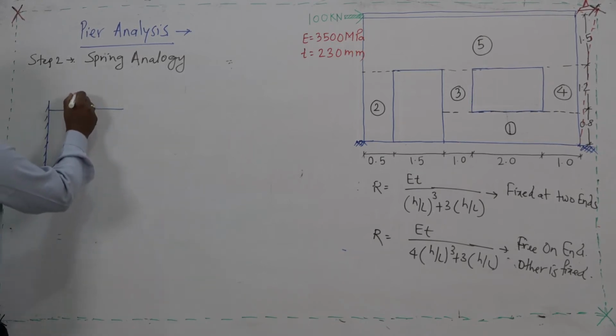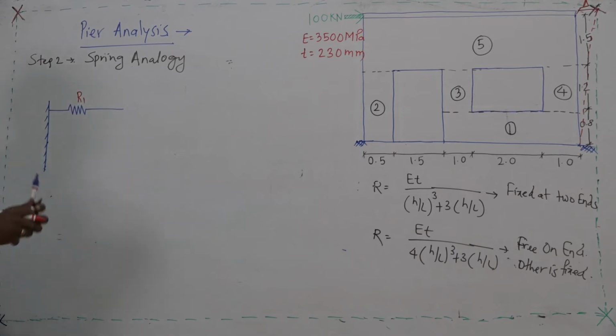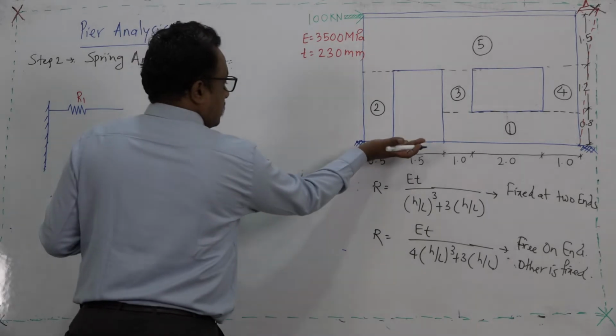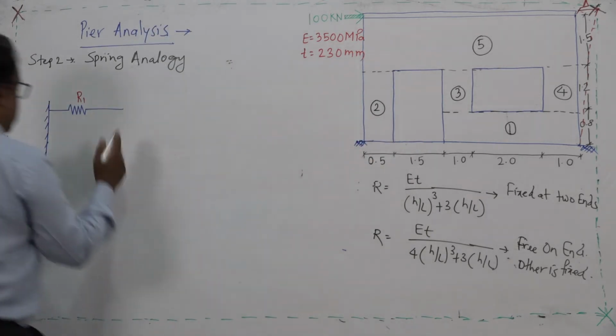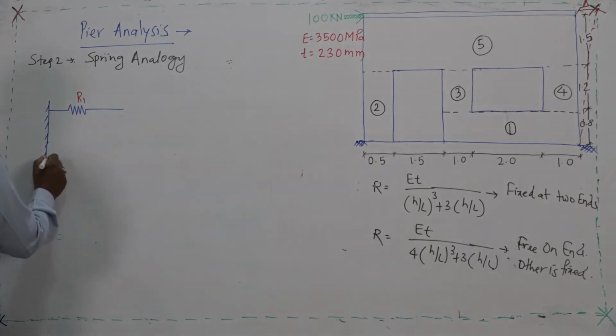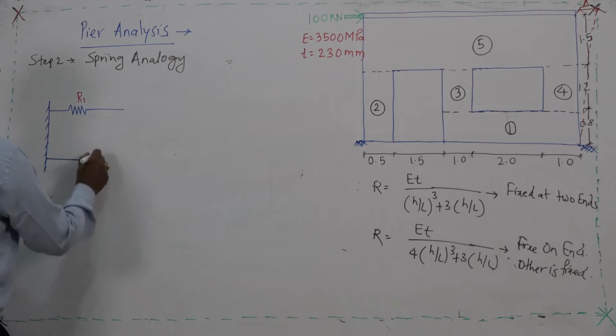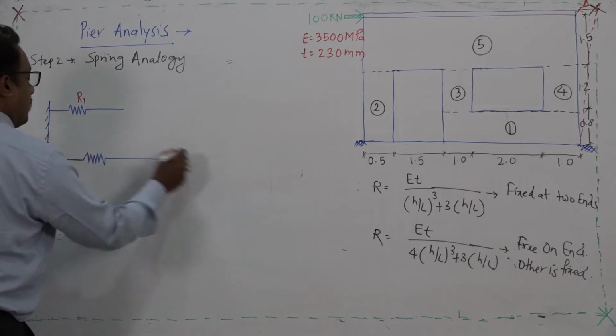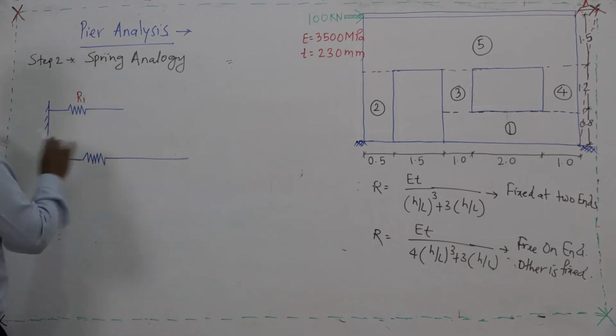I will mark this stiffness as R 1. Then similarly, this is having connection with the pier 2, which is immediate to the R 1 or pier 1. Therefore, this will be the R 2.